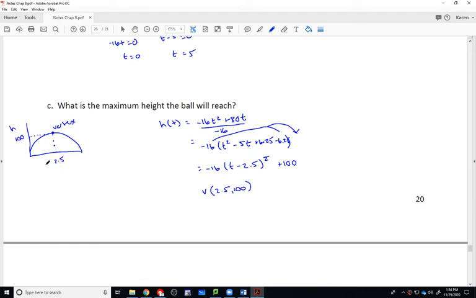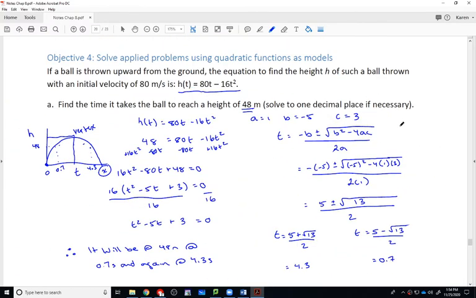Y being height, x being time. So therefore, at 2.5 seconds, the ball will be at the max height of 100, what are we in, feet?